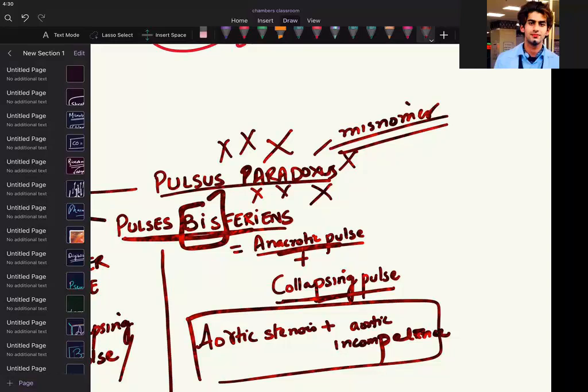I inspire. What should happen to the pulse? The pulse decreases in inspiration. What decreases? Amplitude decreases. And during expiration, you will have an increase in amplitude. So the amplitude of a pulse decreases in inspiration and increases in expiration.